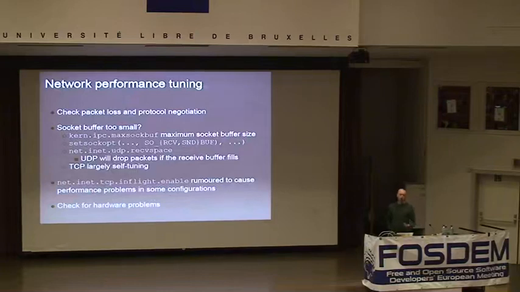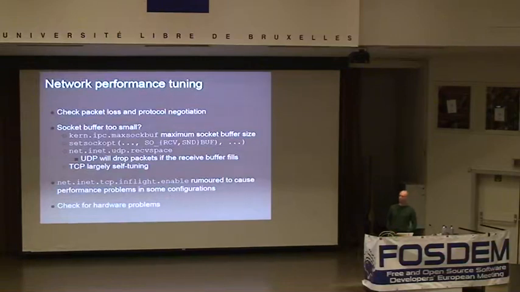And some applications we found, particularly older applications, had the socket buffer set explicitly to some very small value, say 32K, which may have made sense 20 years ago, but is no longer an appropriate default. So you can check the code to see if it's setting the socket buffer size explicitly, and it can be set anywhere up to the maximum enforced by the kernel.